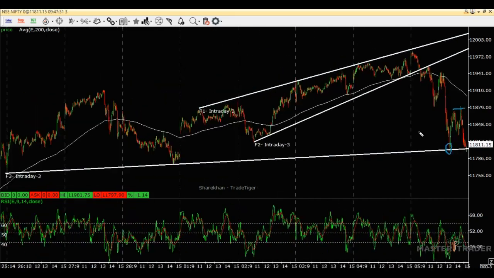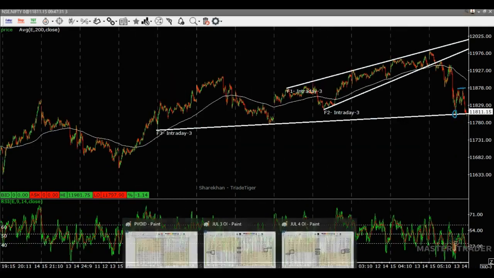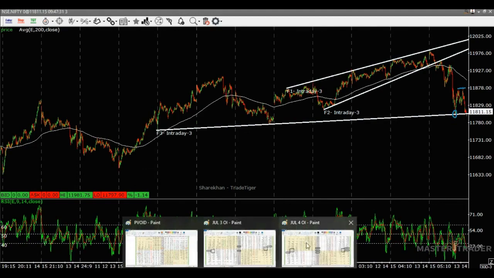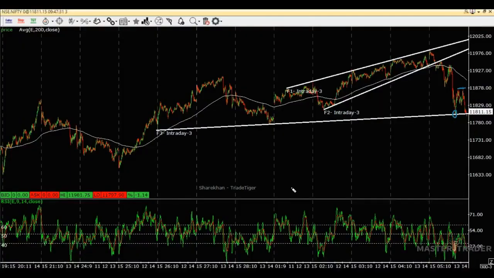So I hope you guys are starting to understand how we're combining option chain data with technicals. Right now, this will take some practice because I agree it is not simple at first. It took me some time as well to understand, but as you practice this, and as you understand the boundaries and where the data, what is happening at each particular level, and if you combine it with technicals, trust me, this is it.